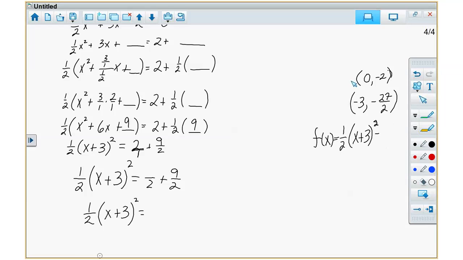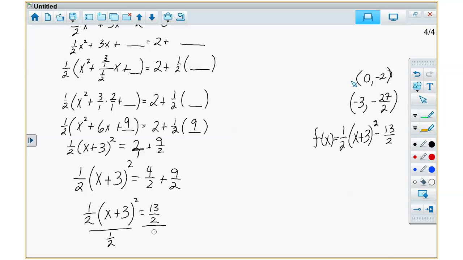1 will go into 2 how many times? 2. 2 times 2 is 4, thank you. So that's 4 plus 9 is 13 over 2. Thank you. All right, now divide by 1/2.